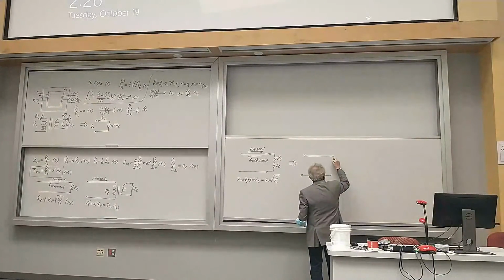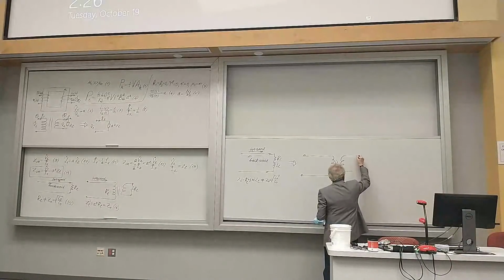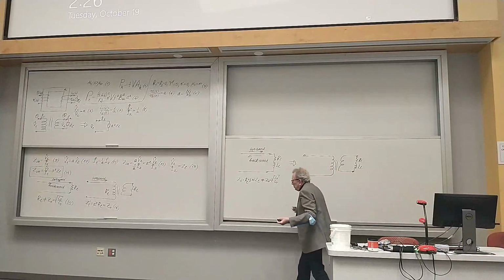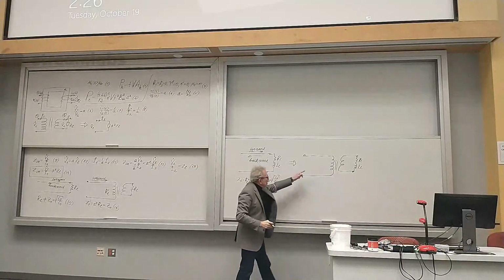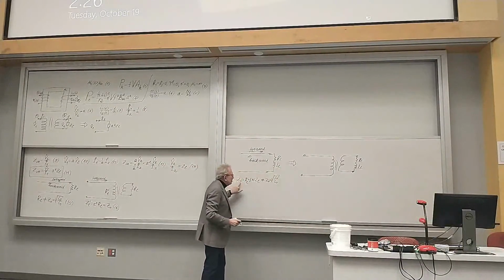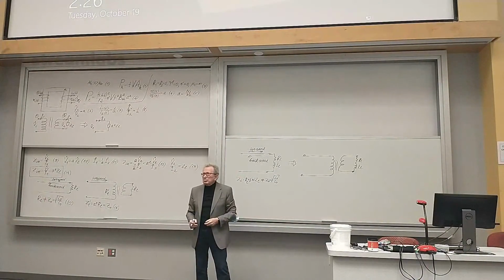I will use this transformer and connect this load, which can be represented as a series of resistor and inductor. But you will tell me that whatever you do, it will still be a complex number, and here there will be A squared times this impedance. It will be a complex number, it will not be equal to the real number. How do I achieve matching in this case? I need another trick. Who will tell me what this trick is?